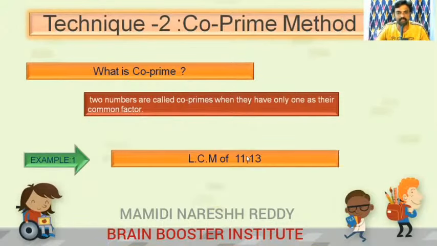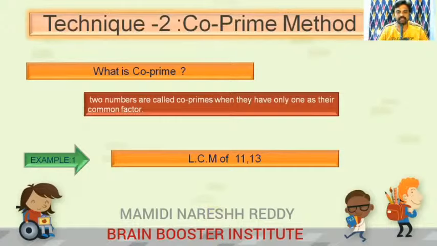LCM of 11 comma 13. So 11 and 13 don't have any common factor as they're odd numbers, and moreover they are prime numbers. So they don't have any common factors except 1. That's why we can define them as co-primes.